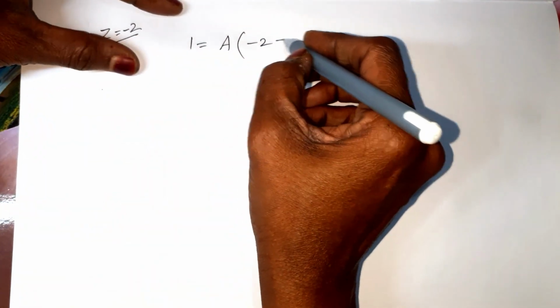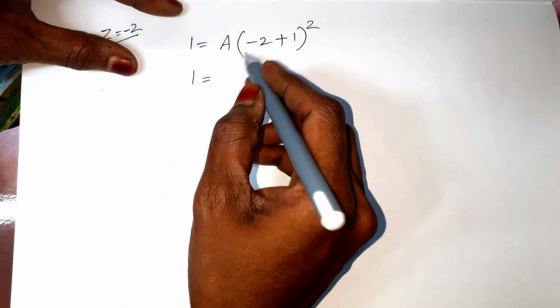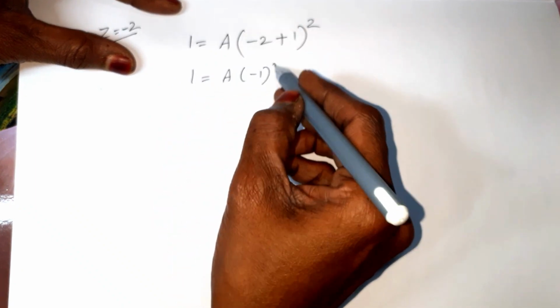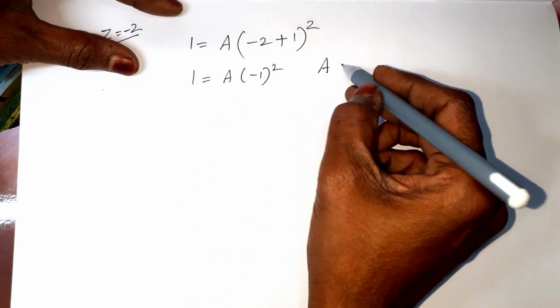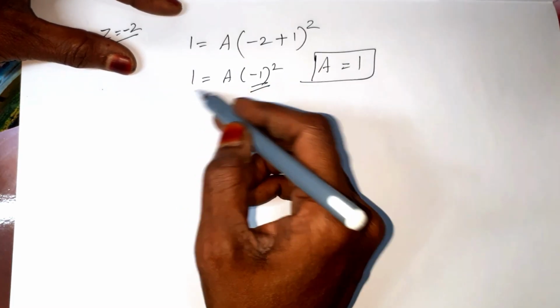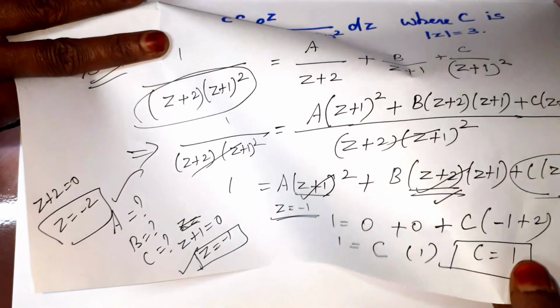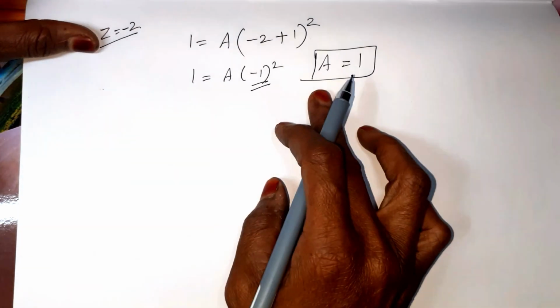So minus 2 plus 1 the whole square. So 1 is equal to A into minus 1 the whole square. Minus 1 the whole square is plus 1. So A equal to 1. So we got two answers: C equal to 1 and A equal to 1.